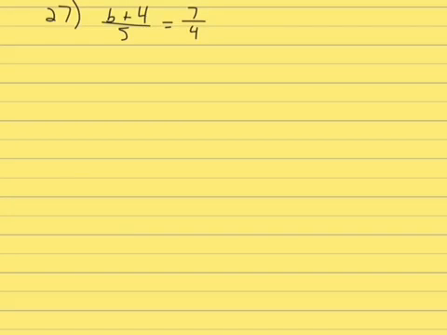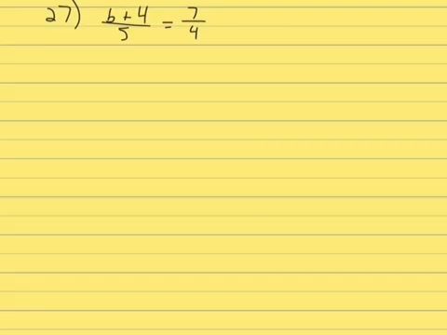Okay, number 27 says to solve each proportion using any method. And you can see in these problems for this whole section that we're dealing with algebraic expressions with multiple terms in at least one part of one of the fractions, which means that we're not going to be able to just use the picnic table method, as some people say, which is this times this divided by this equals this, because then what does that mean, right?